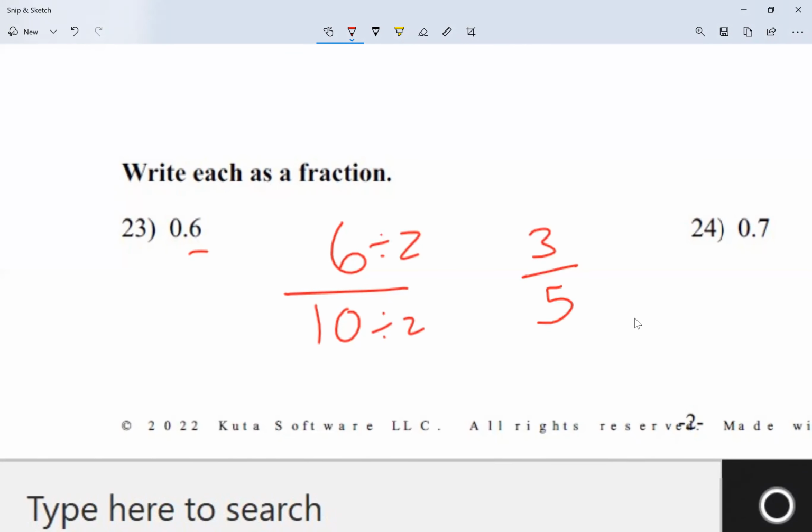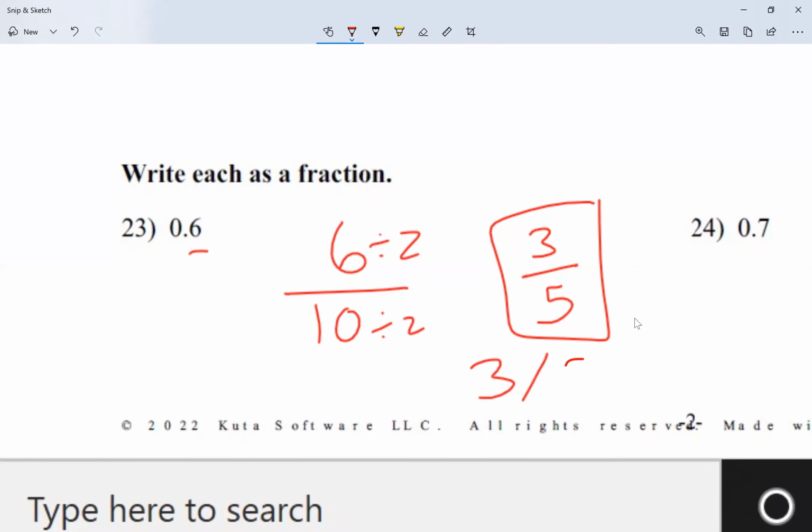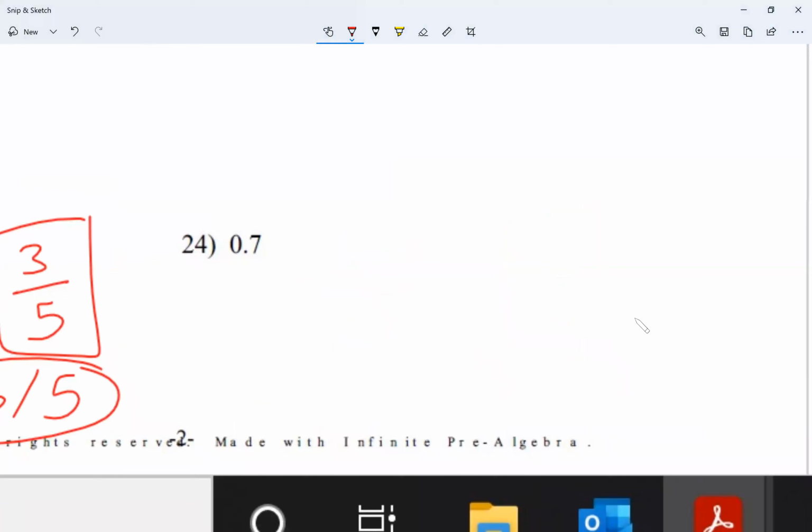I simplify my fraction. Now I cannot simplify anymore. So that's it, 3/5. The way you're going to type this, you're going to go 3/5. So 3/5.